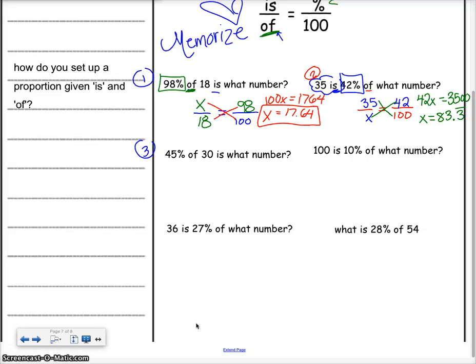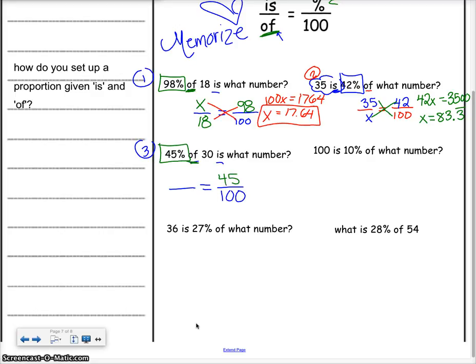So I see the vocab word of and is. So I know it's an is over of equals percent over 100. So I draw my little proportion template. And then I see my first vocab word is of. I have 45% and 30 connected to it. Well, the 45 is a percent, so that goes over the 100. So my of is 30.